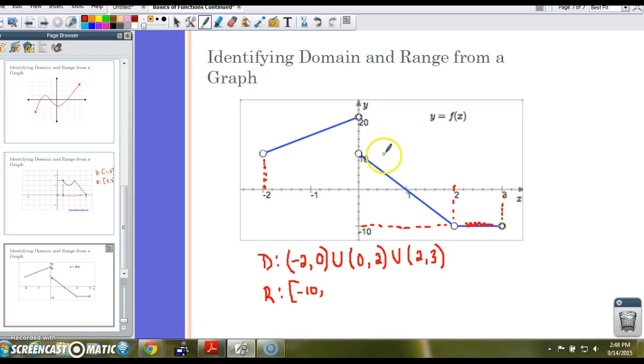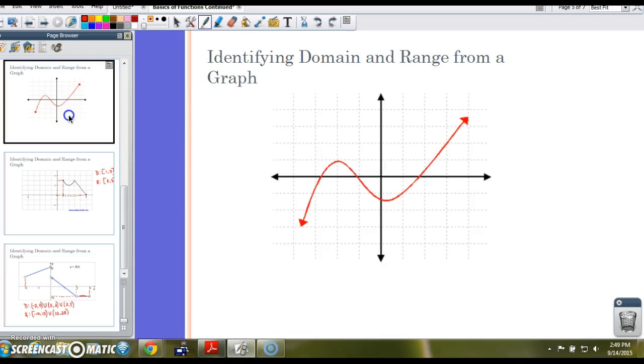It doesn't actually include +10 here or over here. And so I go up to 10, but I can't include 10. However, I can go from 10, then continuously up until 20, not including 20. Okay, so when you have these discontinuous functions, especially when you have discontinuous functions with holes, you got to be careful to make sure that you account for all of those holes when you're writing your domain and range.